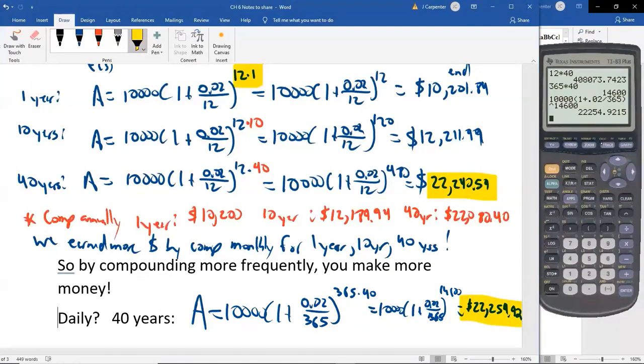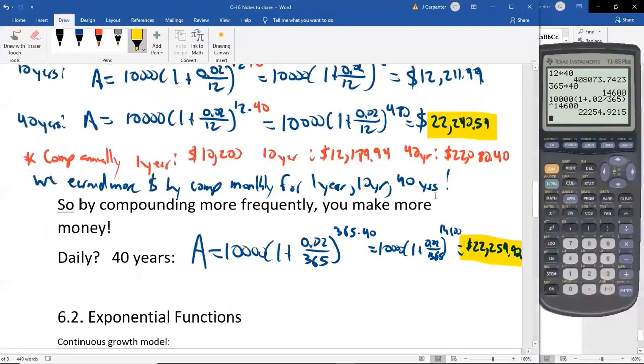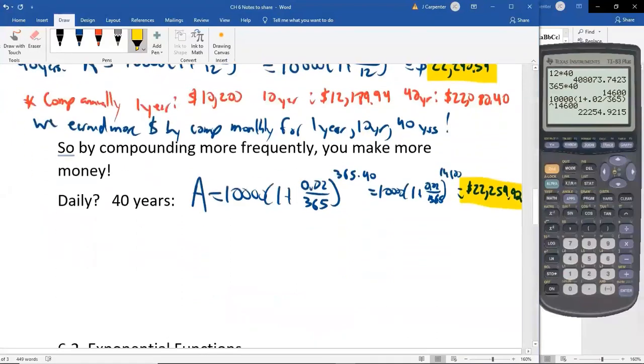So you're making microtransactions on a daily basis. But at least those daily microtransactions do get you a little more money. But it's less money. Going from once a year to 12 times a year, we made that extra 160 bucks. Going from 12 times to 365, we made an extra 14 bucks.